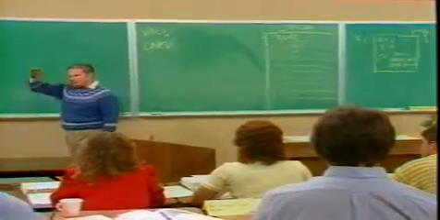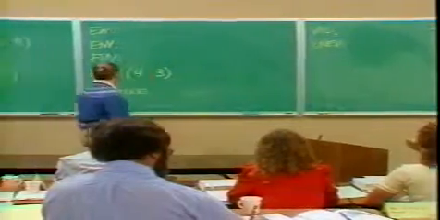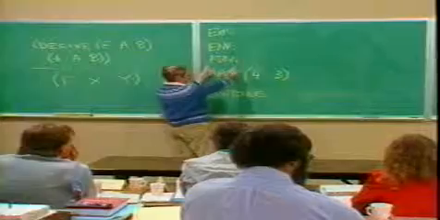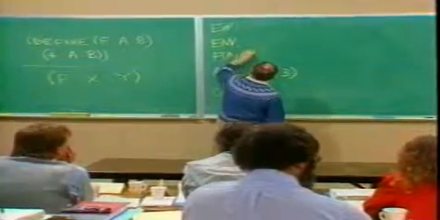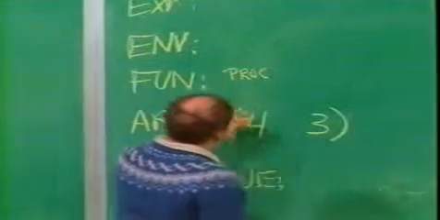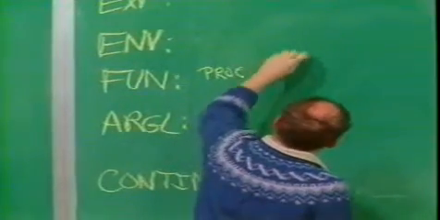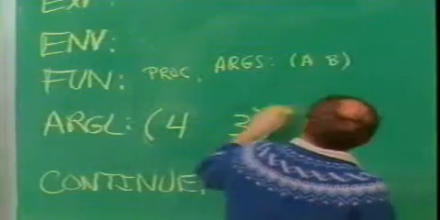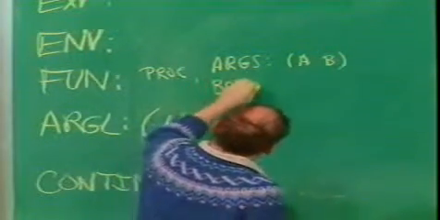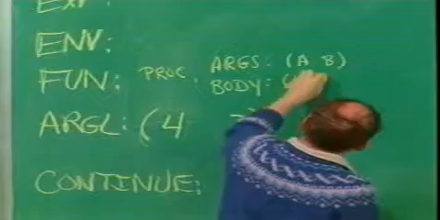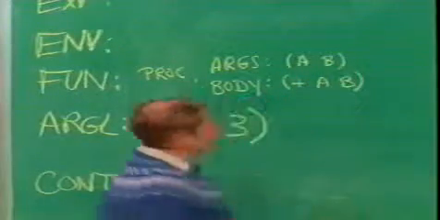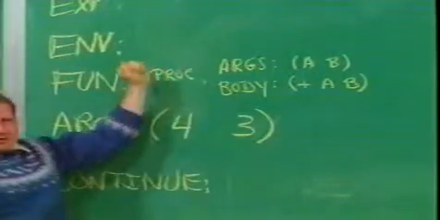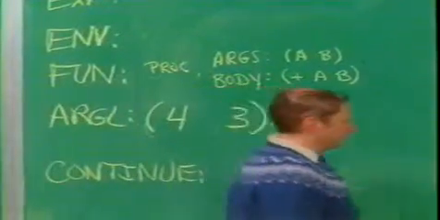And so we'll go through exactly the same process, except this time when we end up at apply dispatch, the function register, instead of having primitive plus, will have a thing that we'll represent as saying procedure, where the args are A and B, and the body is plus A B. And again, what I mean by it's in it is there's a pointer to it. So don't worry that I'm writing a lot of stuff there. There's a pointer to this procedure data structure.